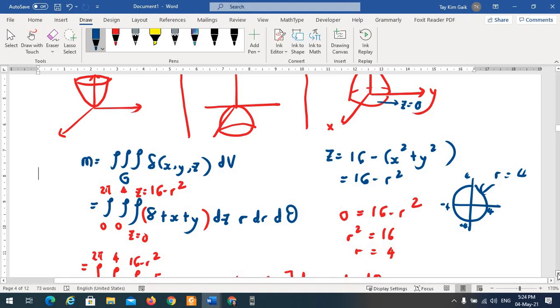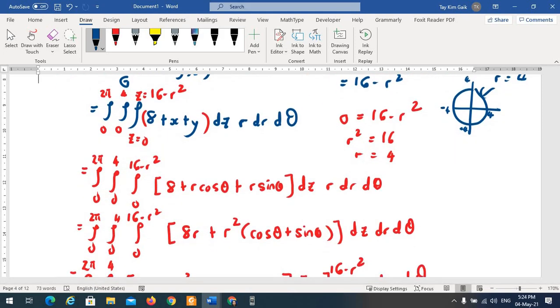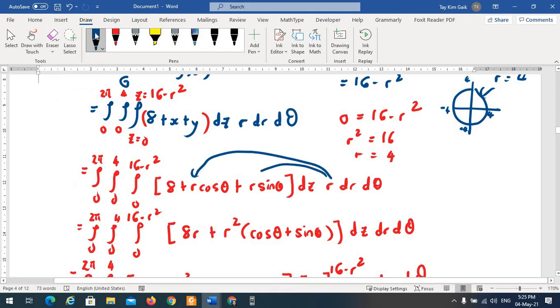Later on, you just need to replace x by r cos theta, y by r sin theta. And after that, make sure, for cylindrical or polar coordinates, don't forget you have an r outside here, r dr d theta. So r here is very important, expand it first. If you don't expand it, later on you will forget.